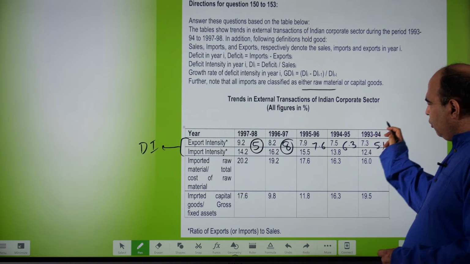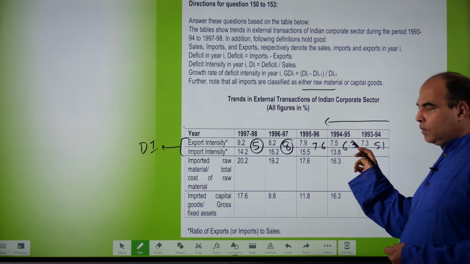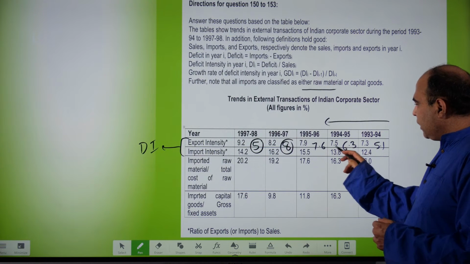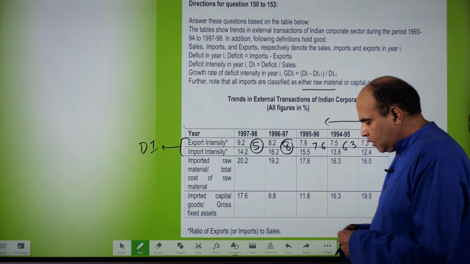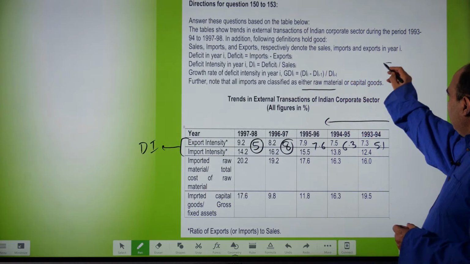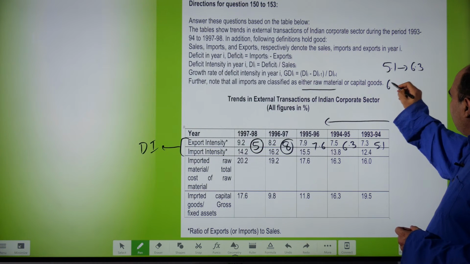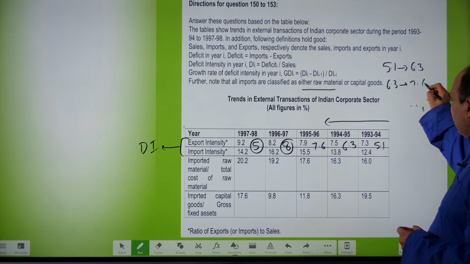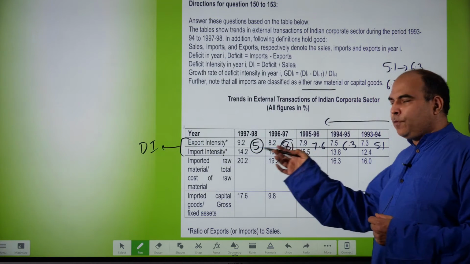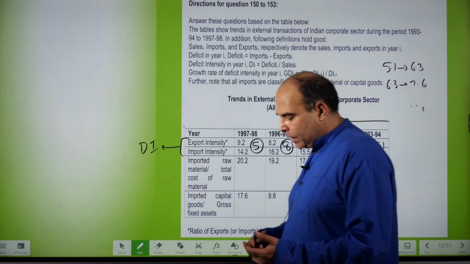Please remember, you are going this way, so 5.1 to 6.3 is more than 20%. In 94-95 the growth rate is more than 20%, and 6.3 to 7.6 is again more than 20%, but you will have to take a call whether 5.1 to 6.3 is a higher growth or 6.3 to 7.6 is a higher growth. 7.6 to 8 is a small percentage growth, and 8 to 5 is obviously an even smaller percentage growth. It's actually a negative growth.